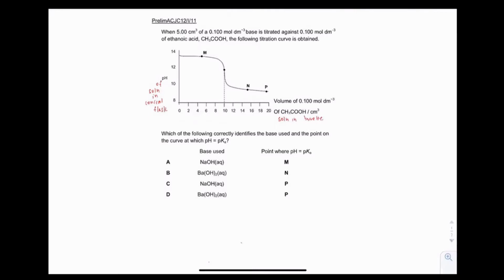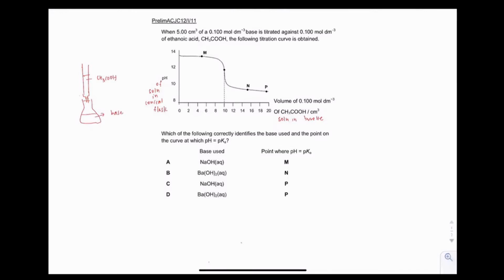Okay, so in this specific example, you have ethanoic acid in the burette. So this is the burette, and you have ethanoic acid being added in. And in the conical flask, we have our base.